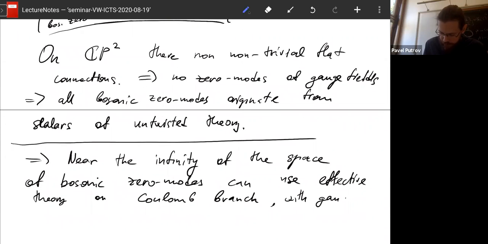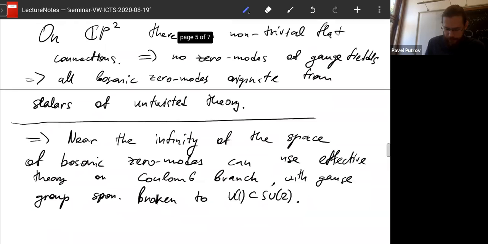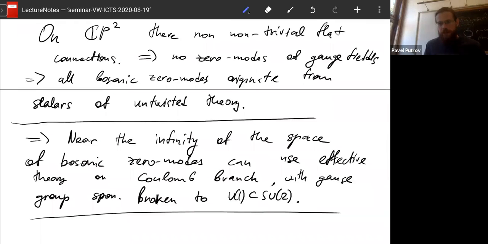With the gauge group spontaneously broken to U(1) in S2. So we're interested in the region of the space of fields where the scalar fields are large, and then we can effectively integrate out W bosons and all their superpartners because they effectively have a non-trivial mass.